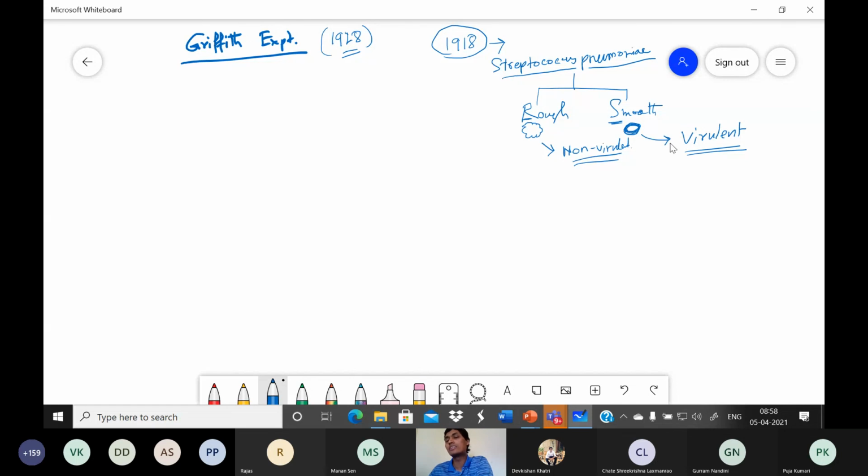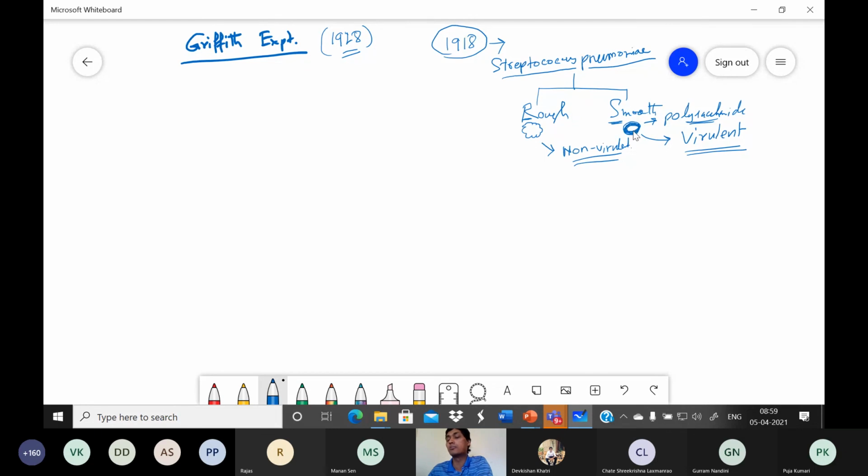Why? Because when this bacteria infects us humans, we have our own immune system that will try to clear this pathogen and stop the bacteria from growing. Now, because of the smooth strain, they have on the surface a polysaccharide layer.